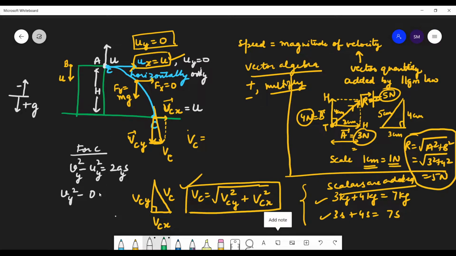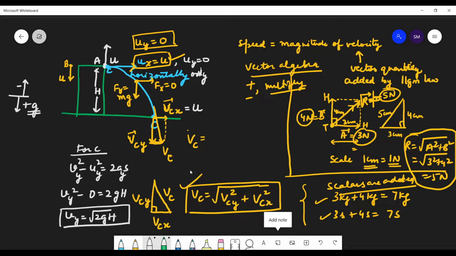So initially it was 0. Now 2 into ay, in the downward direction we have taken g as positive, so that's plus g, and s is your h. So vy is equal to under the root 2gh. So this will be your vy.